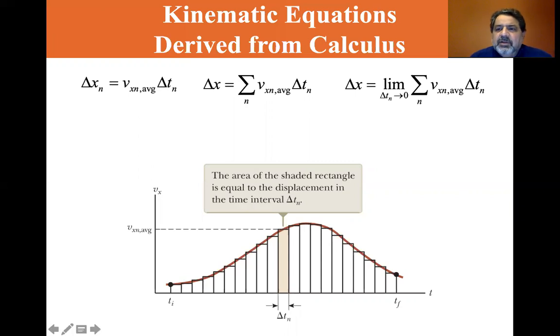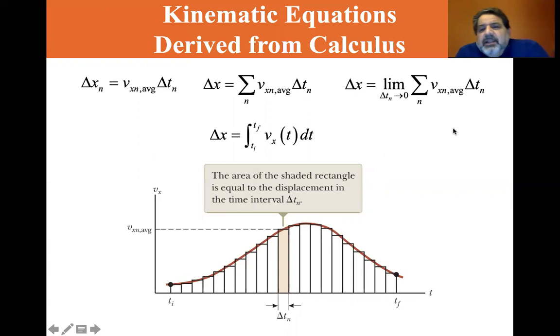And if we look at the limit, delta x is equal to the limit as delta tn approaches 0. That is, as n increases, it's the sum of all of these Vxn averages times the delta tn. And if you calculate all of those, you get the area under the curve.